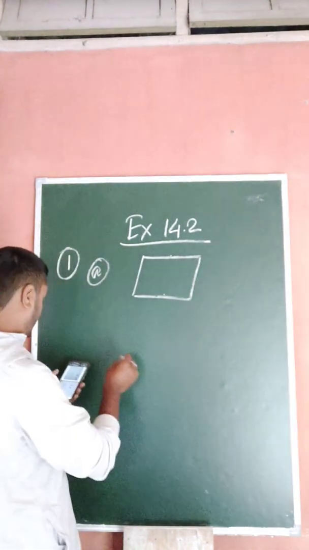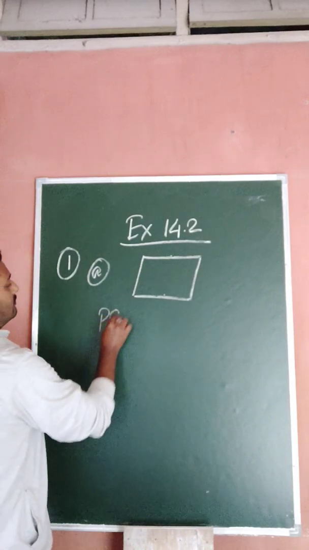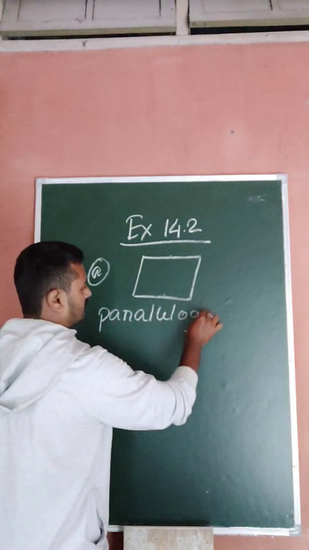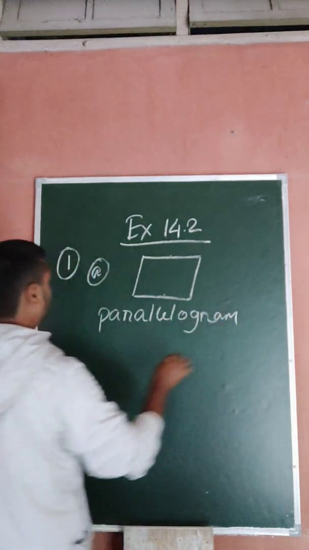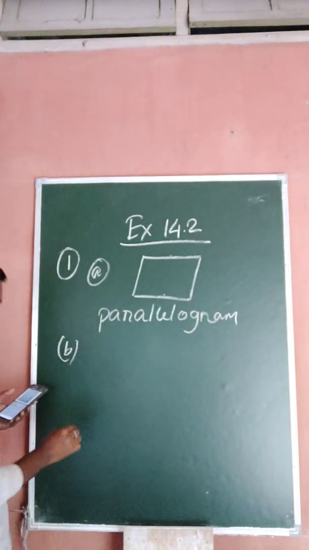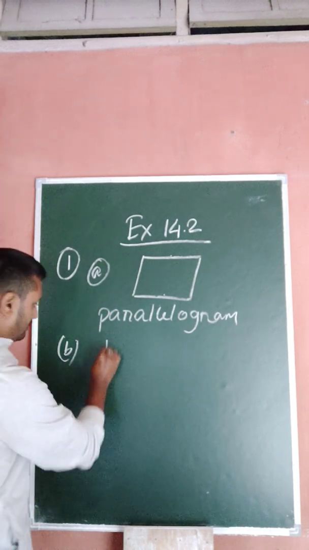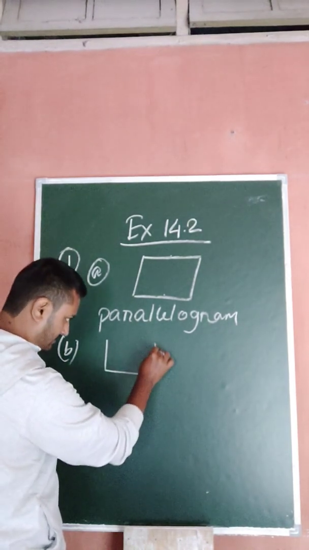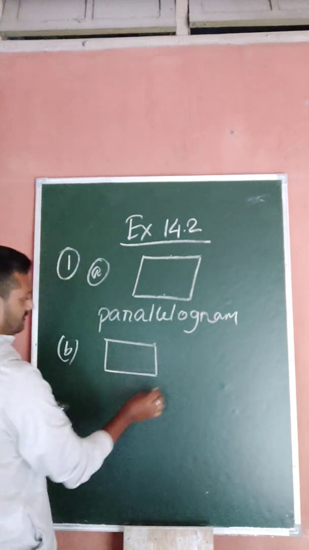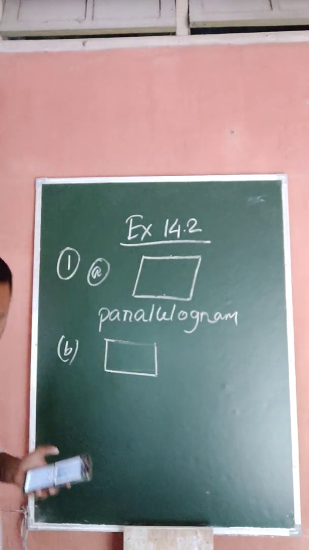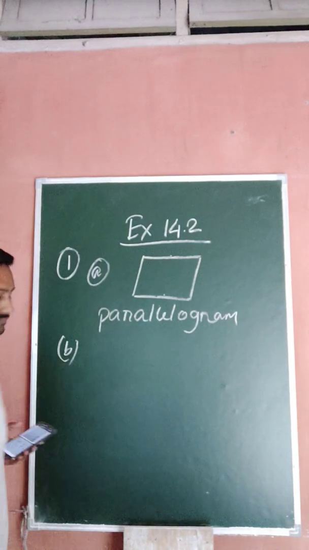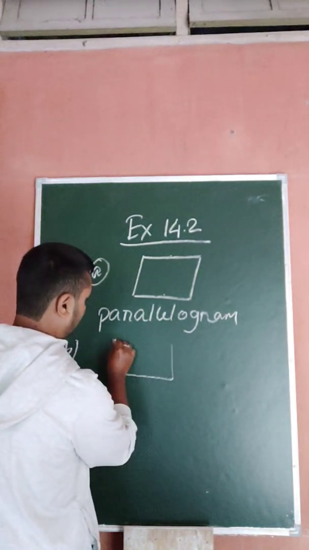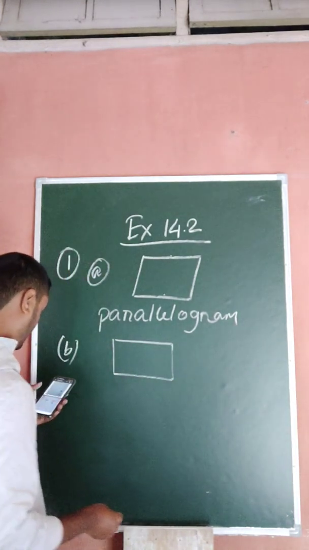So from the figure, the first one is a parallelogram. Now come to question B. B is like this. You draw the figure with scale and pencil. So this one is a rectangle.